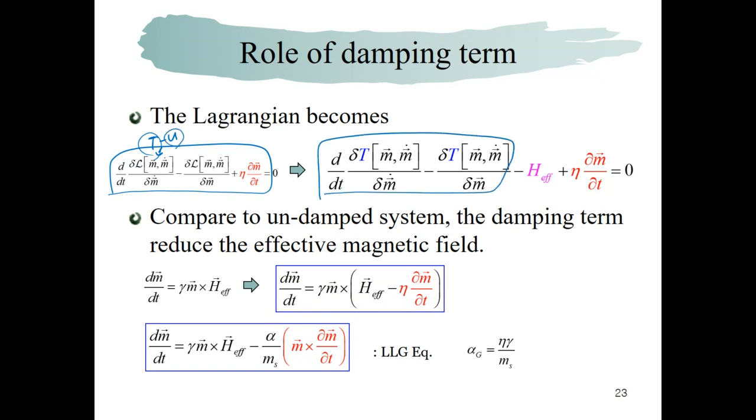But the potential is actually a function of the magnetic moment, not the velocity, so this term gives 0. So we have only the remaining term for the potential energy, this term. And this is nothing else but the effective field. So we have an effective field here.